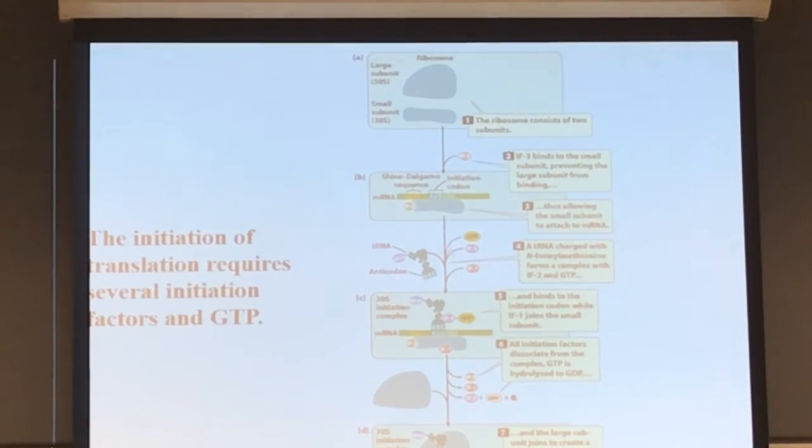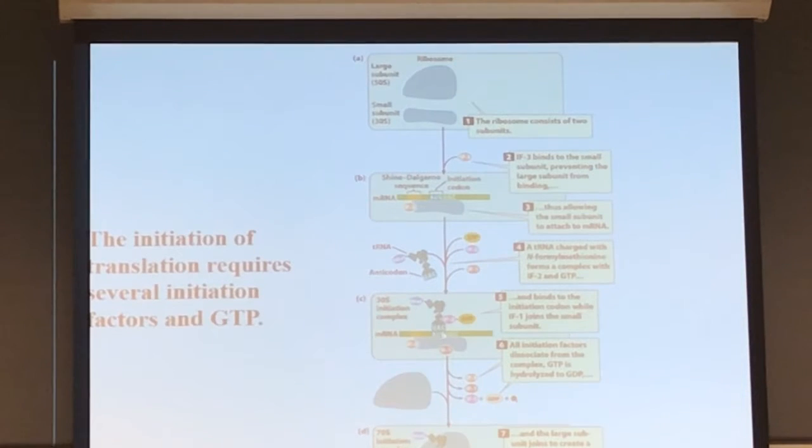Now, the first transfer RNA, which has methionine linked to it, and the anticodons are shown here, comes and sits on the messenger RNA. Now you have a messenger RNA, a transfer RNA with methionine linked to it, and the small ribosomal subunit, which is bound to the messenger RNA at the Shine-Dalgarno sequence. This is now referred to as the 30S initiation complex.